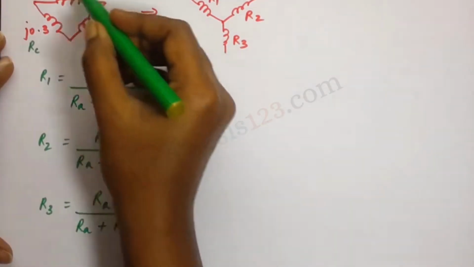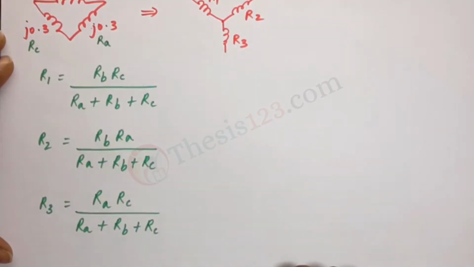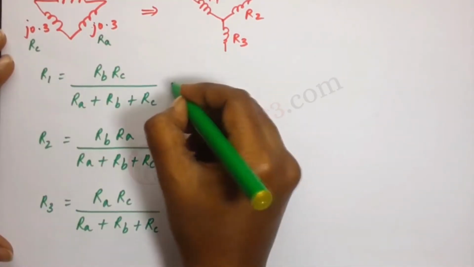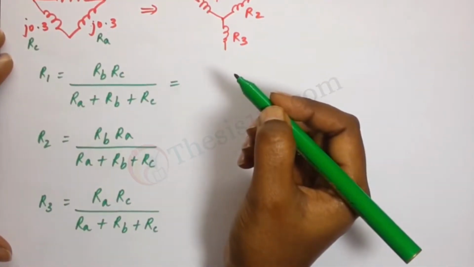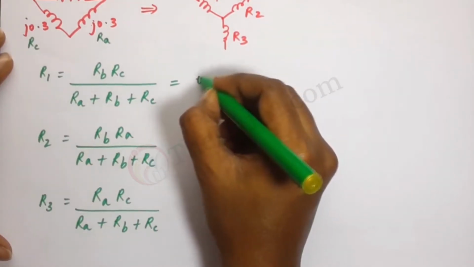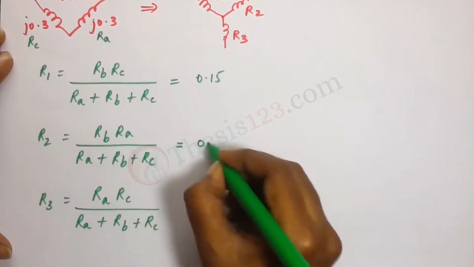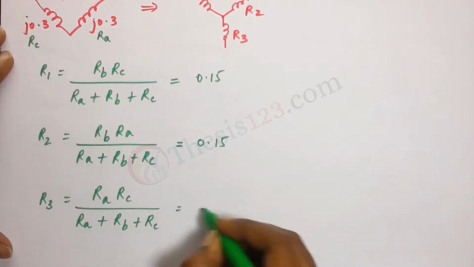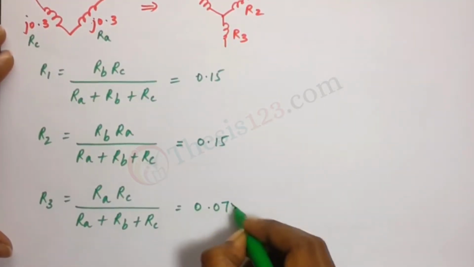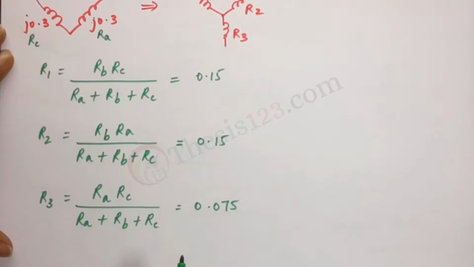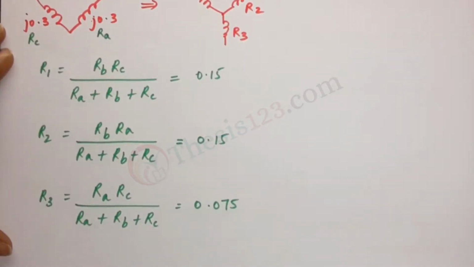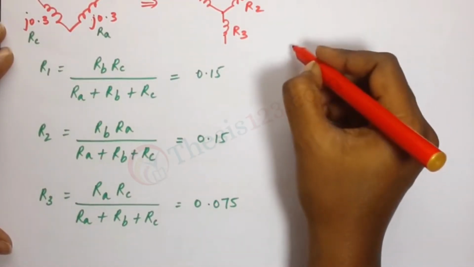So we have our values here and we can calculate R1, R2, R3. Plug in the values. You will find that R1 is 0.15, R2 is also 0.15 and R3 is 0.075.